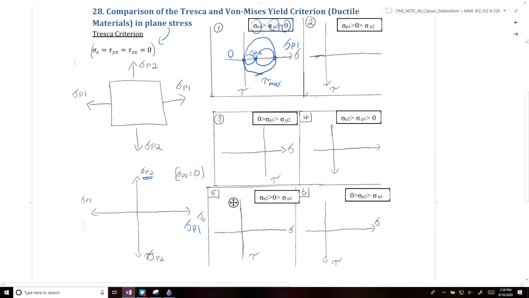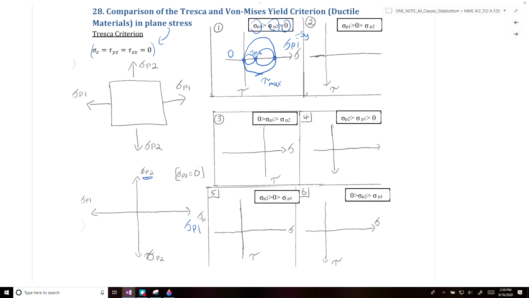So our sigma p1 would have to be equal to our yield strength, and the value of sigma p2 really is irrelevant because it won't affect our tau max.